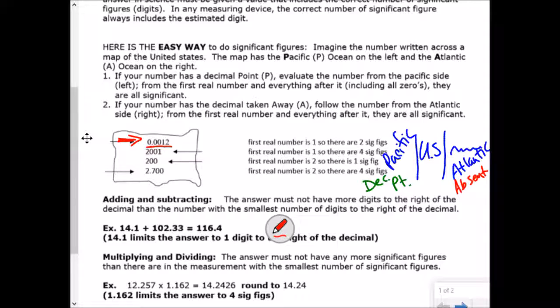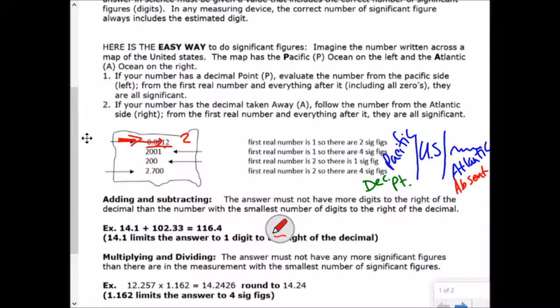When I say non-zero, I mean 1 through 9. Any of those numbers pop up, that's when you start counting. So the first non-zero there is going to be that 1. Everything after the 1 now counts. Even if there were zeros after the 1, they're now significant. They're holding place values of tick marks on the measuring tool. So this particular example has 2 digits.